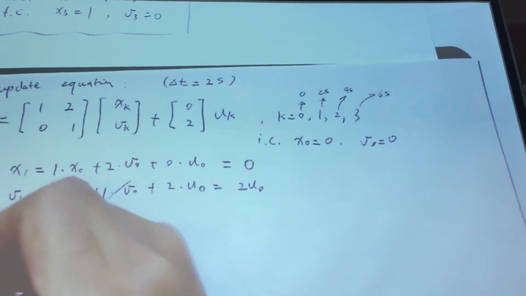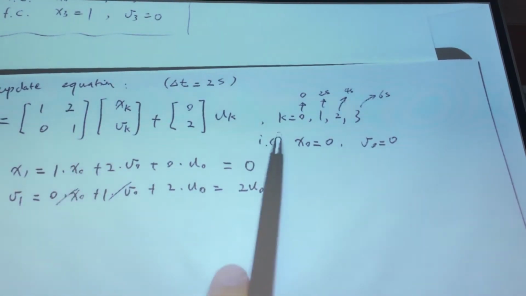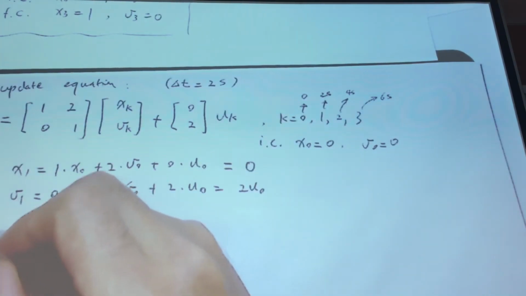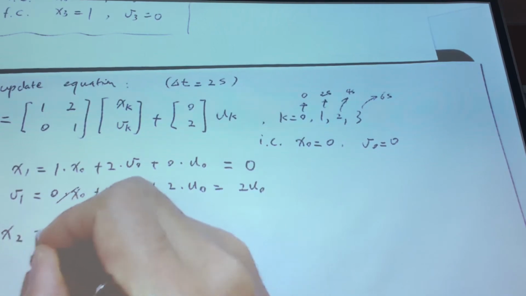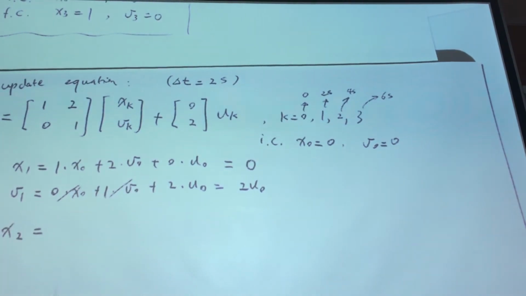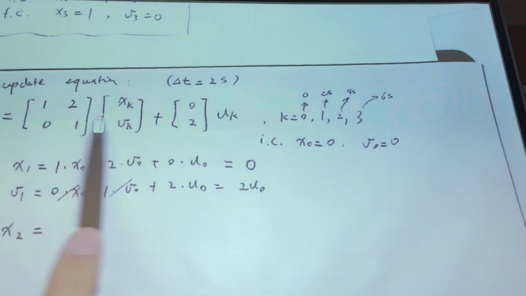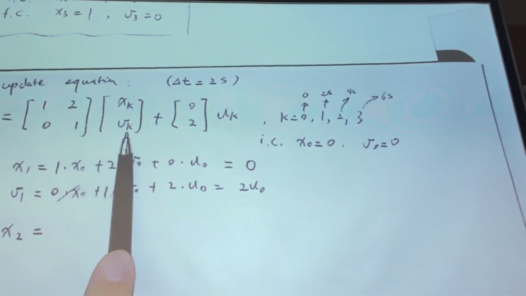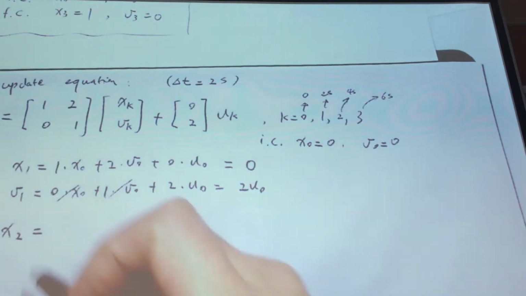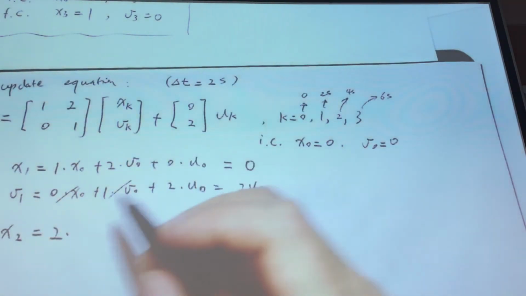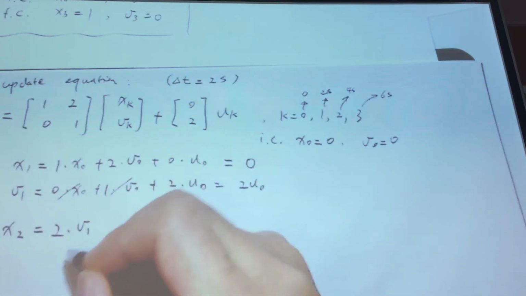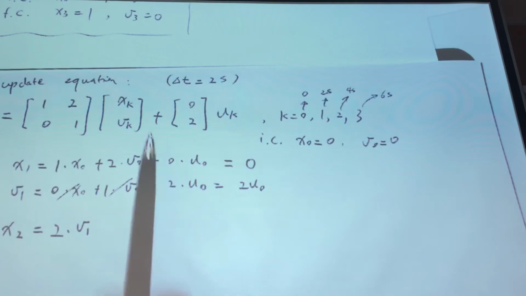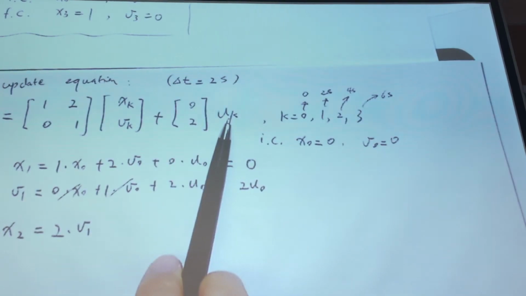So k equal to 1, we can determine the next point of the dynamics, x2. x2 is given by 1 multiplied by x1, which is 0, plus 2 multiplied by v1, plus 0 multiplied by u1.